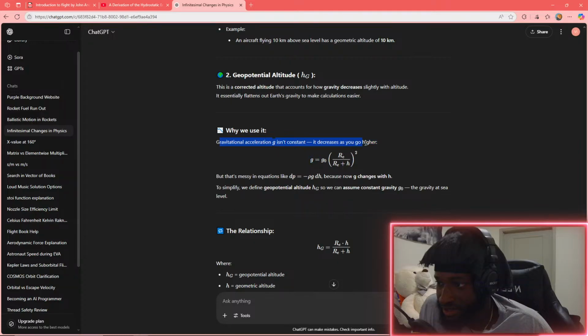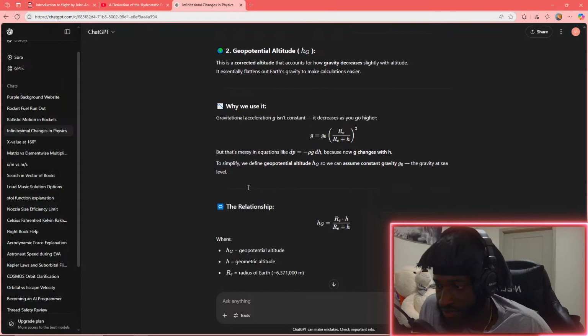G isn't constant, it decreases as you go higher. But that's messy in equations like dp is equal to, because now G changes with H. Hg, so we can assume constant gravity, the gravity at sea level.